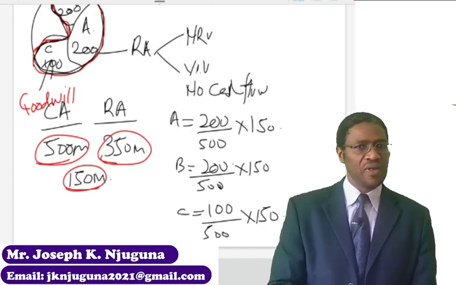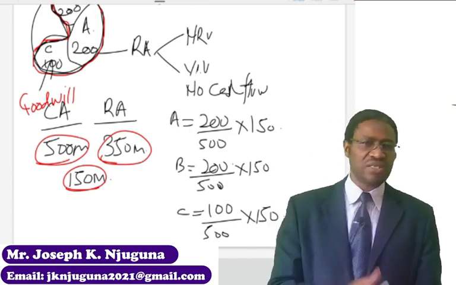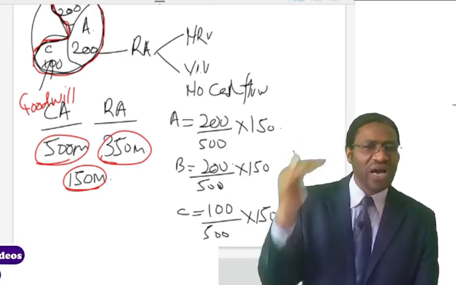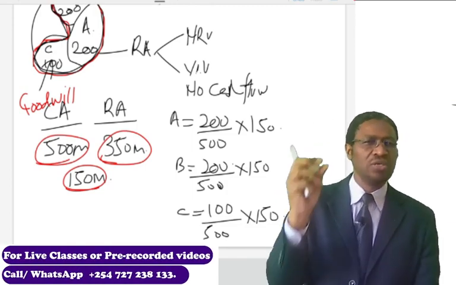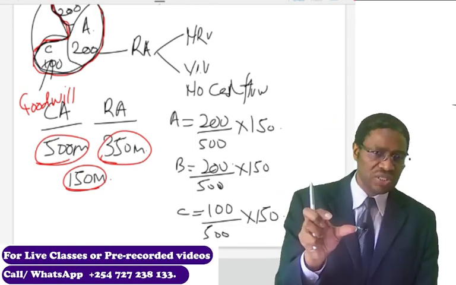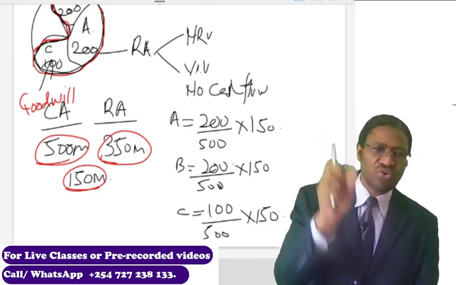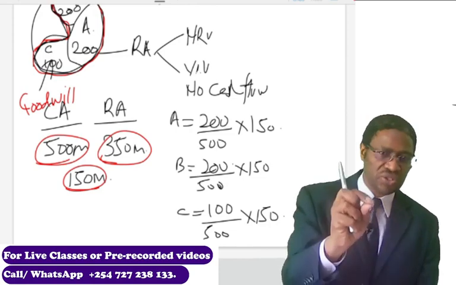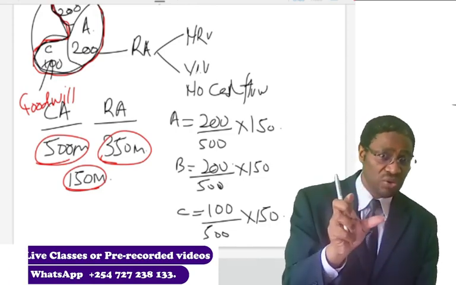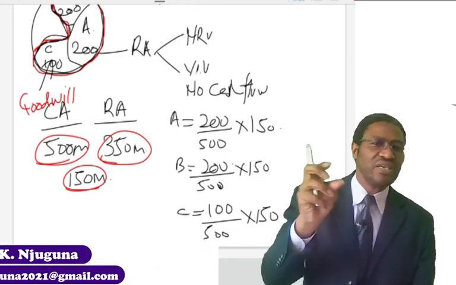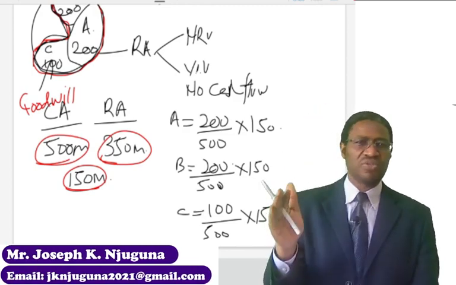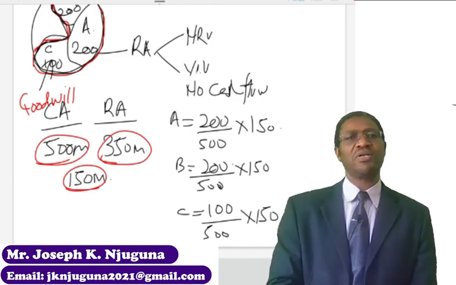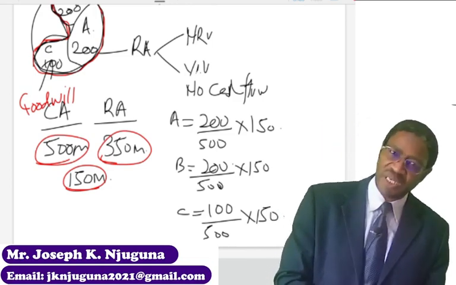Now listen, IAS 36, that is the accounting standard, says that if a cash generating unit to which goodwill belongs suffers an impairment loss, then that impairment loss should be written off in a particular order.